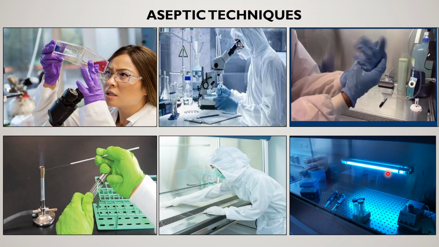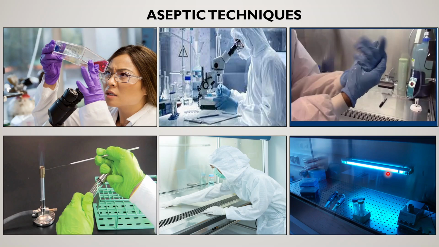The commercially available culture vessels usually come in a sterilized form, but other things we use in the lab, such as glass pipettes and pipette tips, are materials that you need to autoclave.